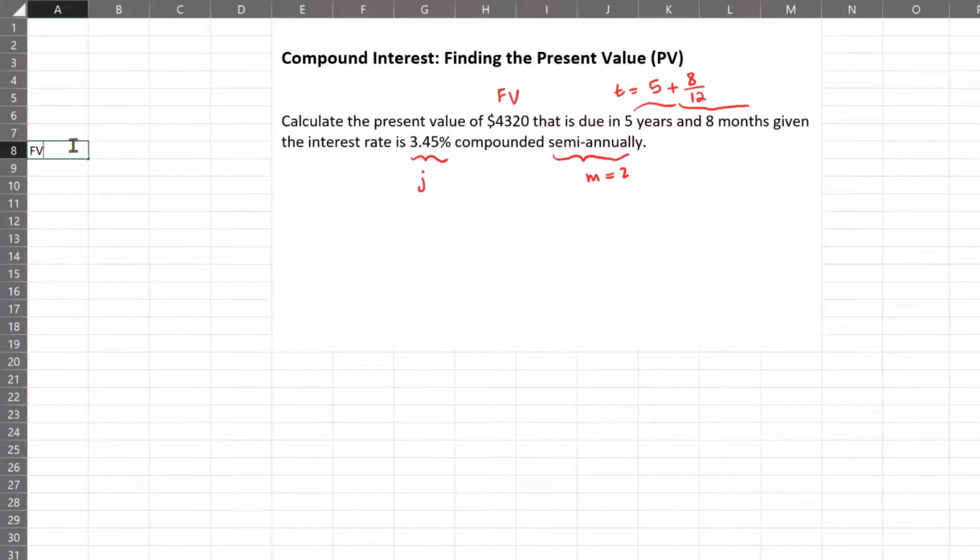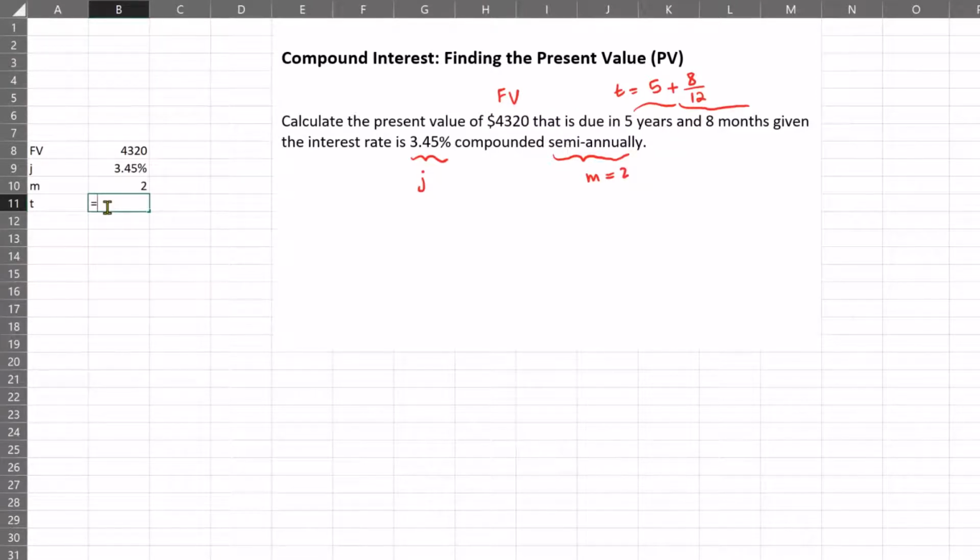FV is 4320. J is 3.45%. M is semi-annually, M is 2. And time is a sum of 5 and 8 over 12. Because it involves an operation, like plus, you're going to use the equal sign here.